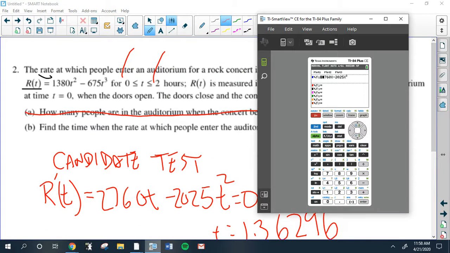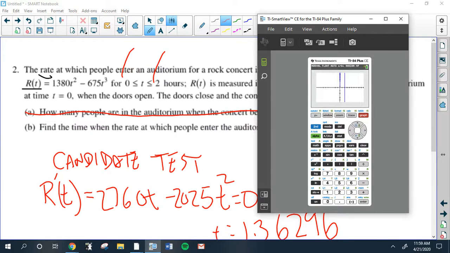The actual function is 1380 t squared, minus 675 t cubed. I know I accidentally put plus there, I want minus.